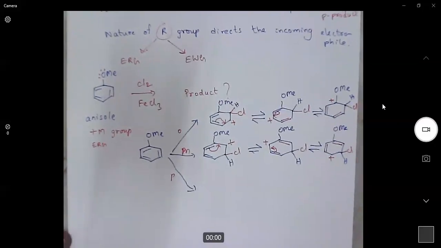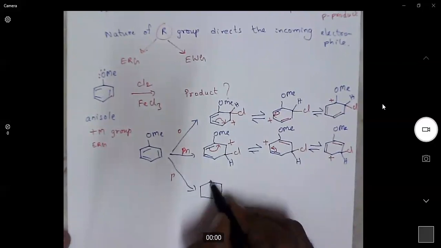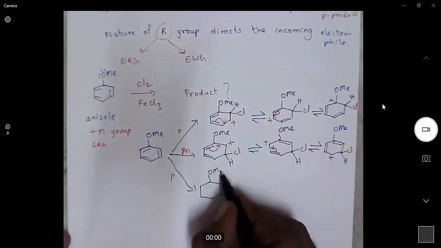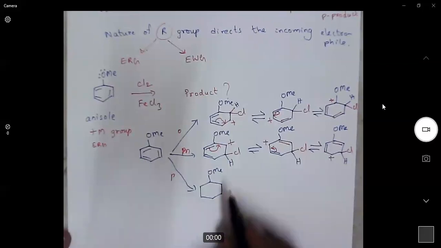Now we will write the para product also. When we write the para product, the electrophile will attach here. So we need to disturb this double bond.